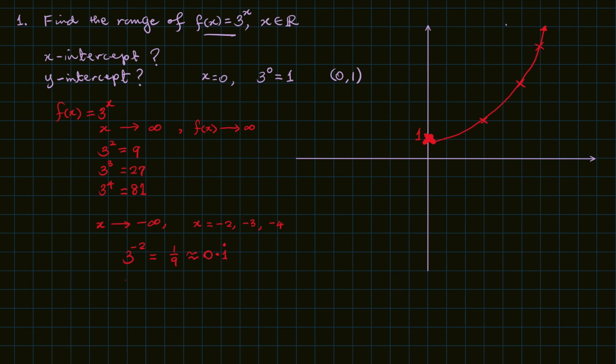And then if I consider 3 to the power of -3, it gives us 1/27, and a quick look at that should give us something that looks like 0.037. And then we might consider maybe 3 to the power of -4.